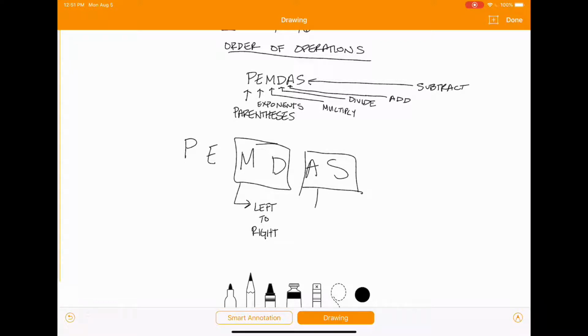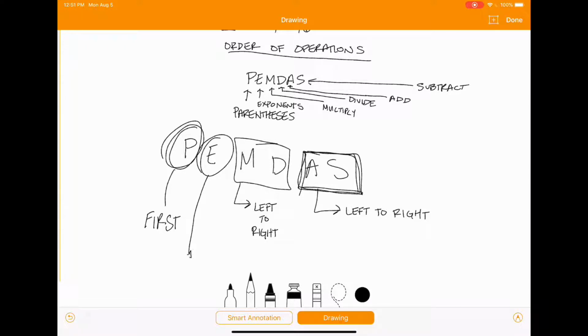And that's same with add and subtract. You do these at the same step. You just move left to right as you do them. So first, you're going to do everything inside your parentheses. Then you're going to do all your exponents. Then you're going to do your multiply, divide.